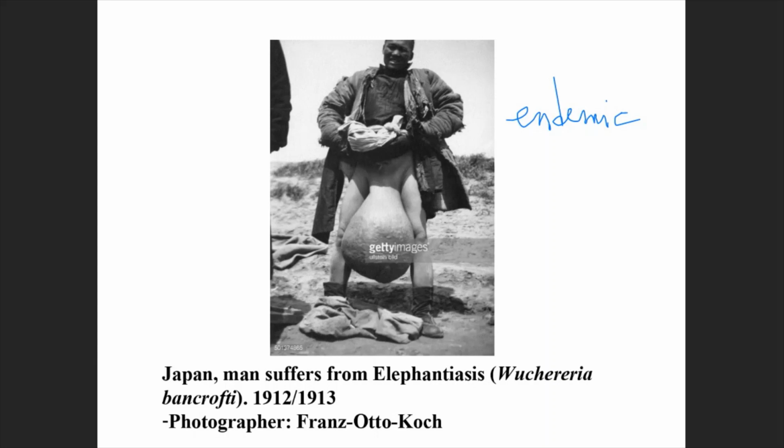It's transmitted by mosquito. The parasite enters the lymphatic capillary, then the vessel, and interferes with the lymph flow. So the lymph cannot flow anymore, interstitial fluid accumulates, and consequently, you can see here his scrotum is getting really big.